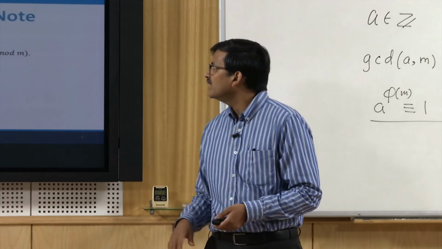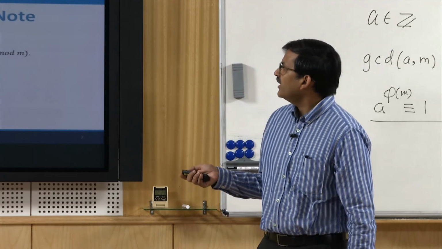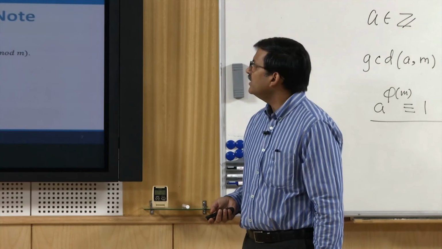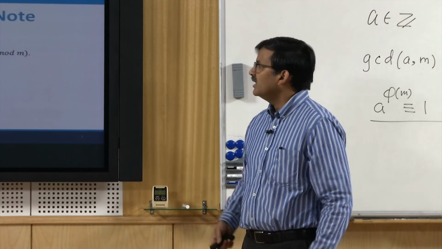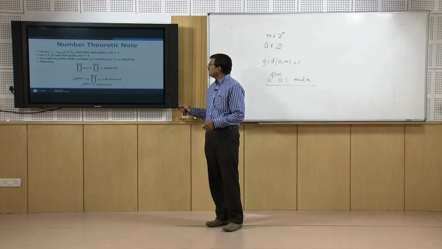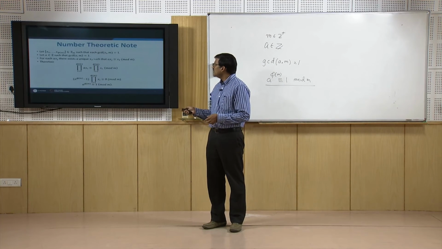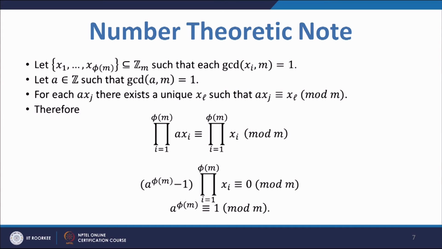We do that, and since a and all the xi's are co-prime to m, if I take the product, they are going to be equal modulo m. After that, the left hand side can be transposed to the right hand side, and a raised to the power phi m minus 1 factors out.